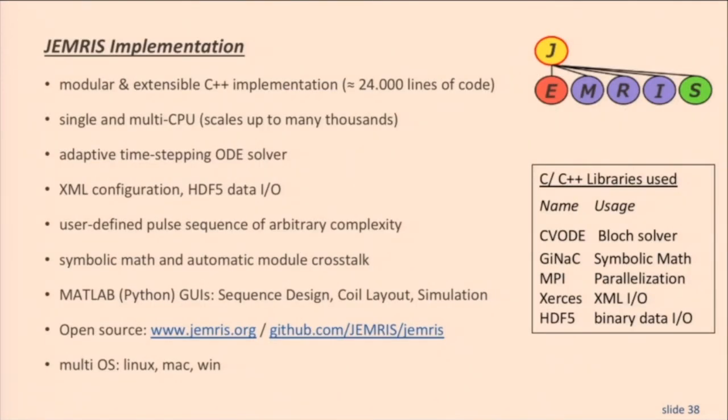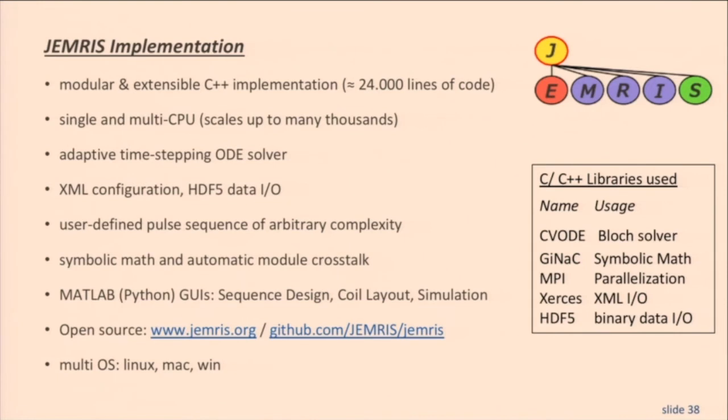GEMRIS itself is implemented in C++. It's especially well suited for multiple CPUs. It uses an adaptive time-stepping solver, as I said before. Important is that pulse sequences can be easily defined by the user, which is especially easy because it involves evaluation of symbolic math.